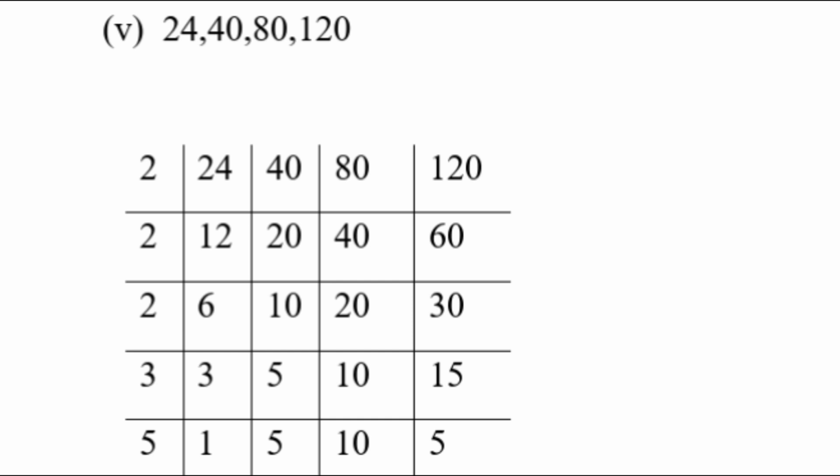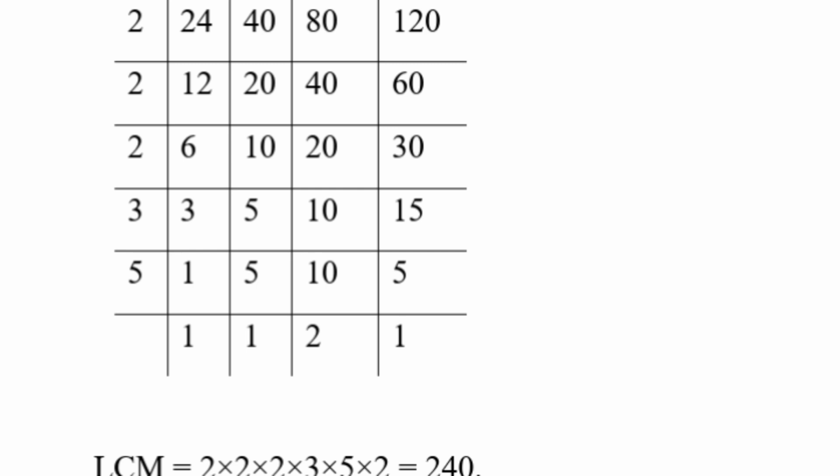Then 15, 5, 10, 3 are present here, so divide them by 3. 3 1s are 3, then 3 5s are 15, 5 and 10 as it is. Now 5 and 10 both can be divided by 5, as 5 1s are 5, 5 2s are 10.